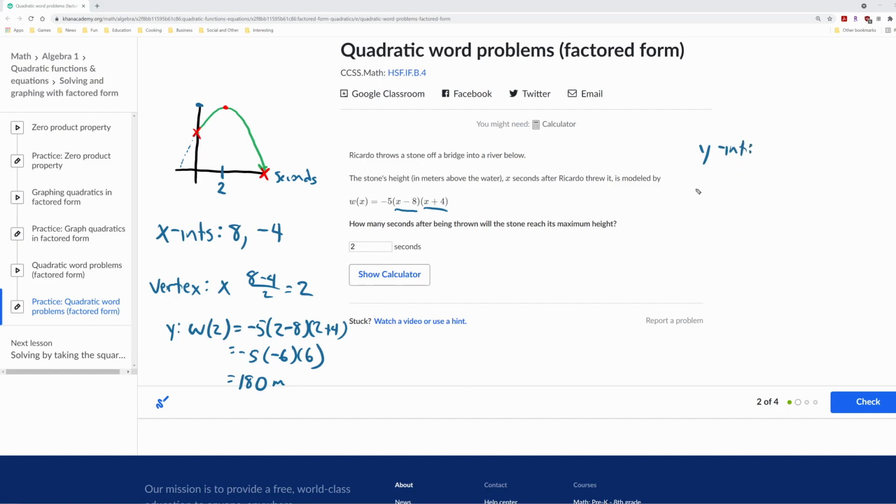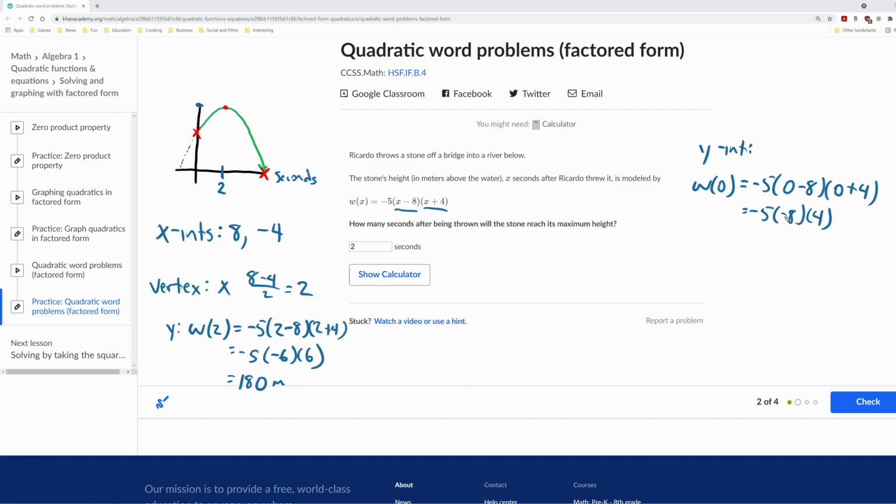And to find the y-intercept, this is the same no matter what function you ever encounter. You plug in x equals 0. Because if you're on the y-axis, well, your x value is 0. So we would have -5 times 0 minus 8 times 0 plus 4. So that's -5 times -8 times 4.